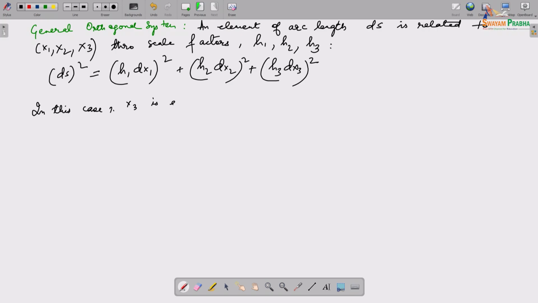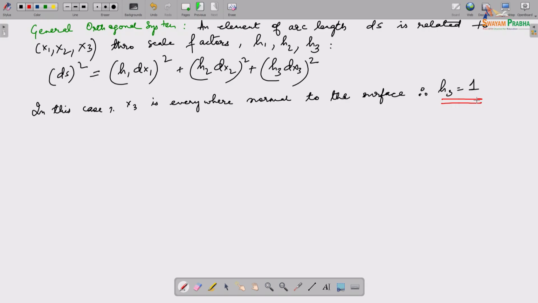Through scale factors, in this case, however, x3 is everywhere normal to the surface, and therefore H3 is equal to 1, everywhere.